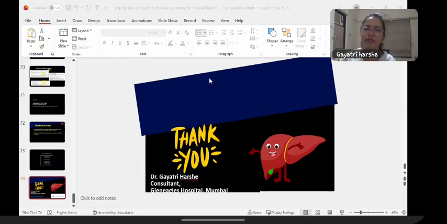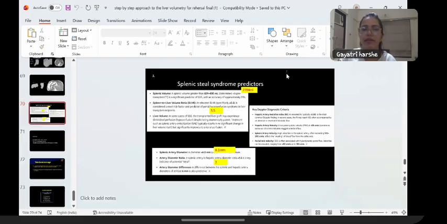So the difference between the hepatic artery and splenic artery diameters, their ratios, and the splenic volume, spleen whole volume, as well as liver volume, the difference between those two, as I explained in the predictors of splenic steal syndrome.